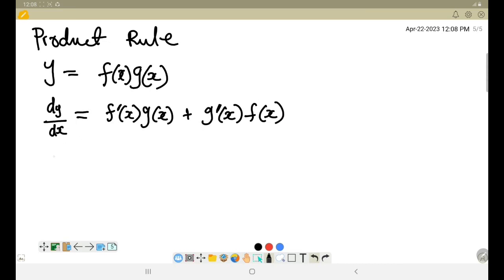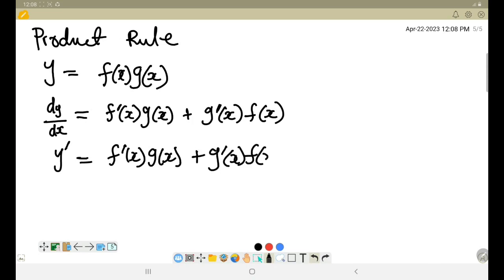Now we have found that instead of writing dy/dx, we can also write a prime. Because this was the equation of y, we can also write it as y prime equals f prime g plus g prime f.